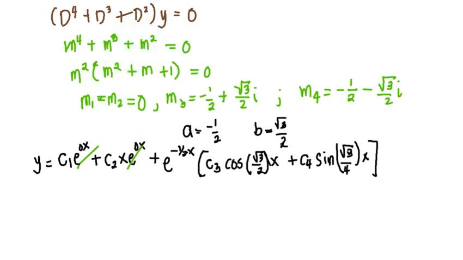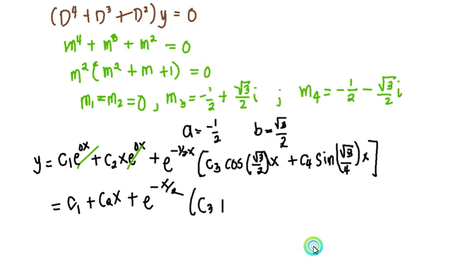So this is our final answer will be equal to C1 plus your C2x plus your e raised to negative x all over 2 multiplied by C3 cosine square root of 3 all over 2x.